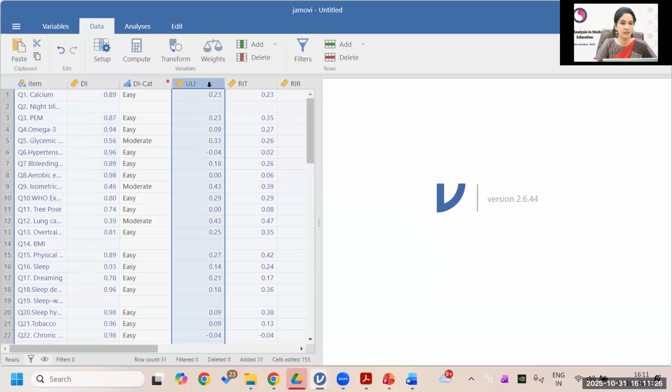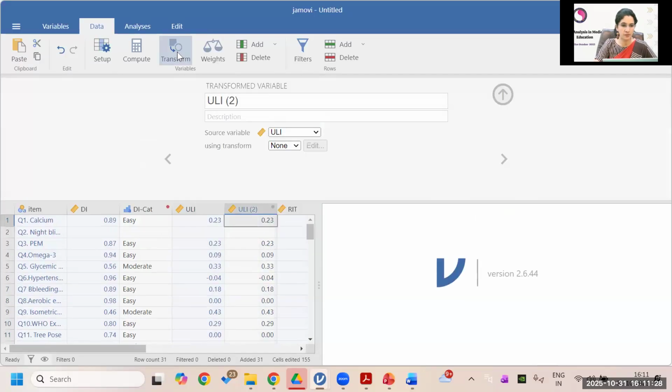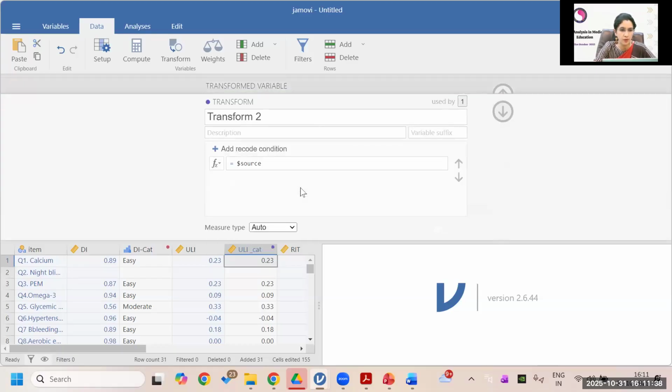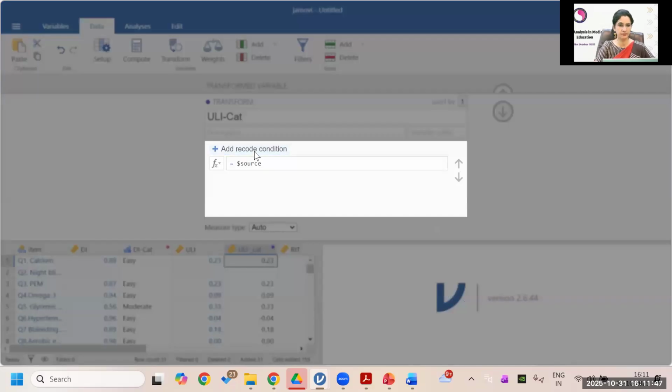Again, I will click this ULI, go to transform. I will write here ULI cat, source variable, new transform. I will write it as ULI underscore cat, add recode condition.